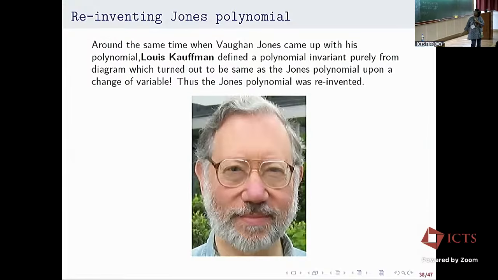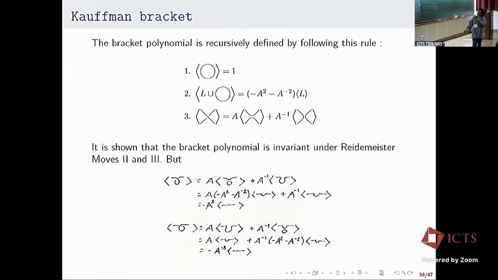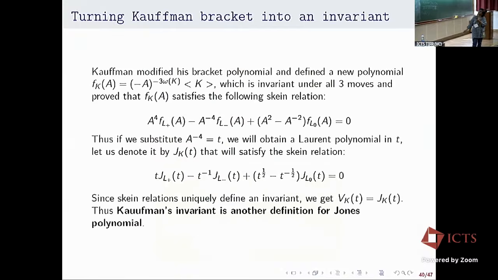And Kauffman used diagram theory to define some invariant. Later on, they proved that those two invariants are actually the same. So this became another definition for the Jones polynomial. I'm again skipping. I had just 5 minutes, so wait.